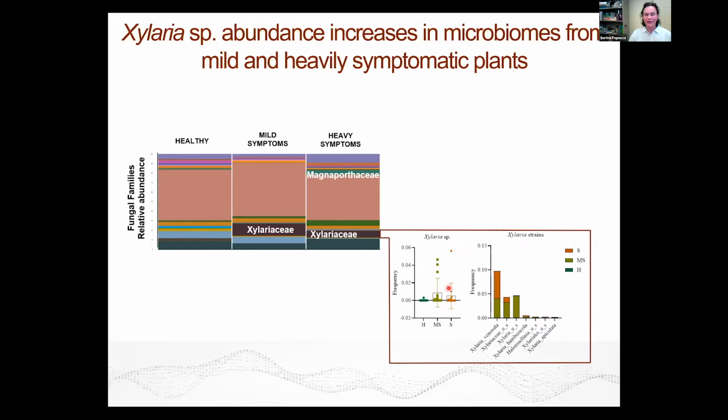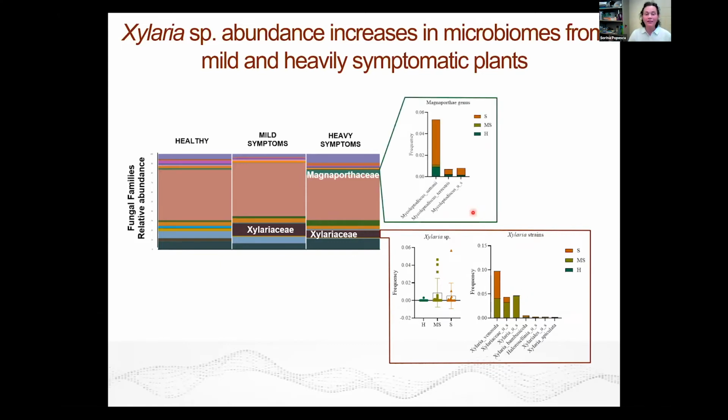And when we look at what kind of Xylaria strains we have represented in these plants, you see that healthy plants have no Xylaria infection, but mild and heavy symptomatics are heavily colonized by Xylaria, with certain strains present in these particular populations.